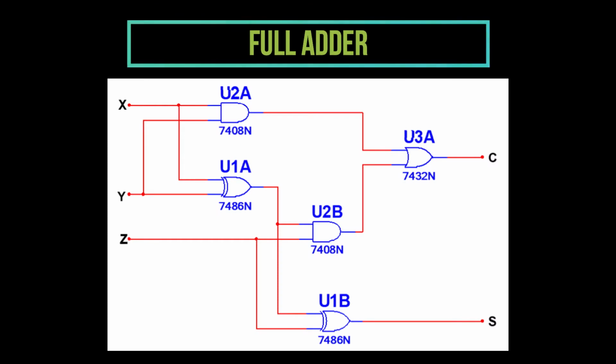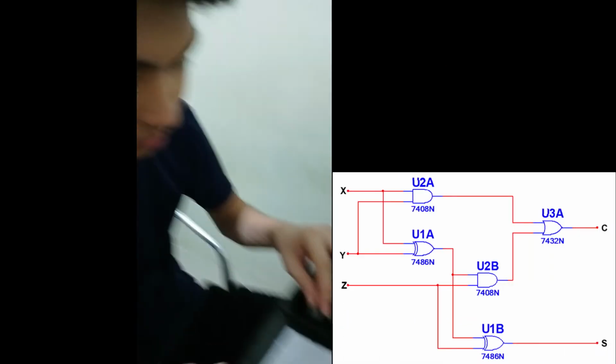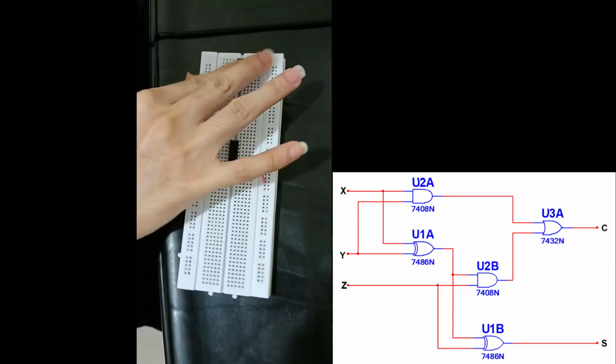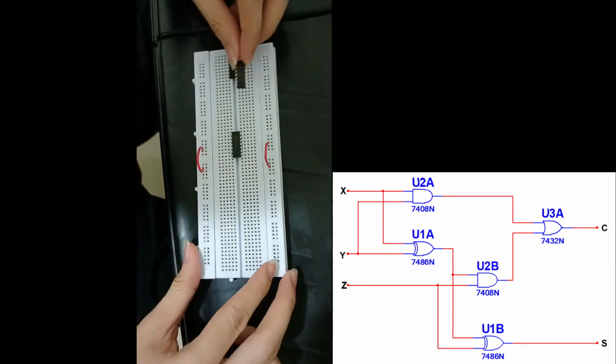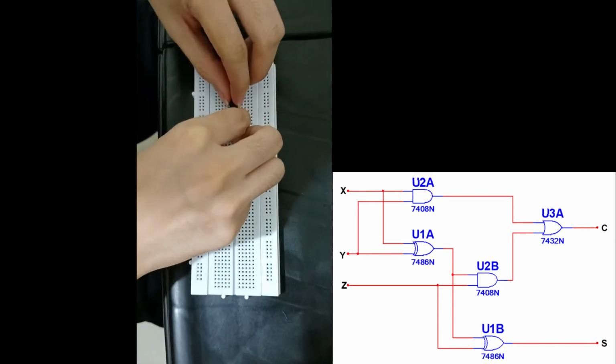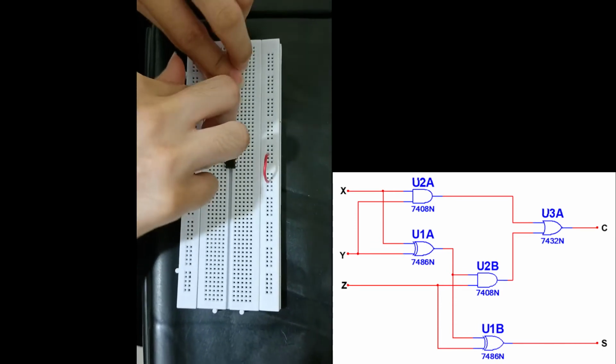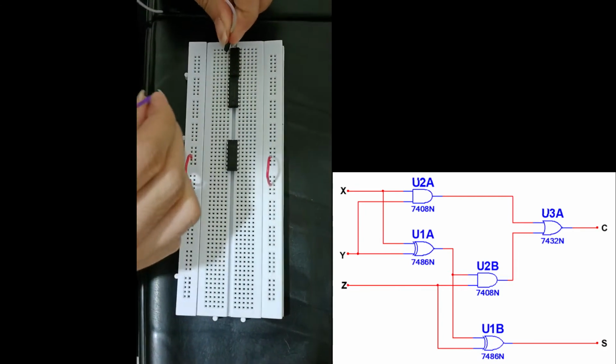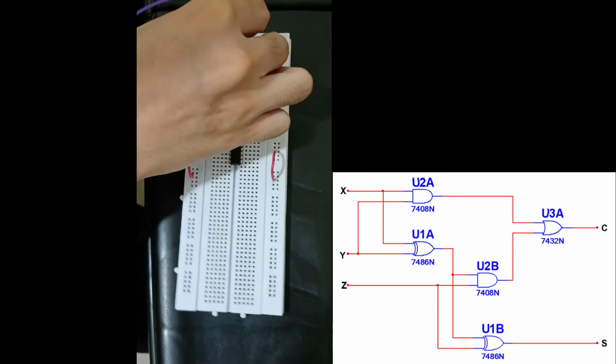Full adder. In this part of the experiment is the construction of the full adder circuit. We will be using the 7408 AND gate, 7486 exclusive OR gate, and 7432 OR gate.